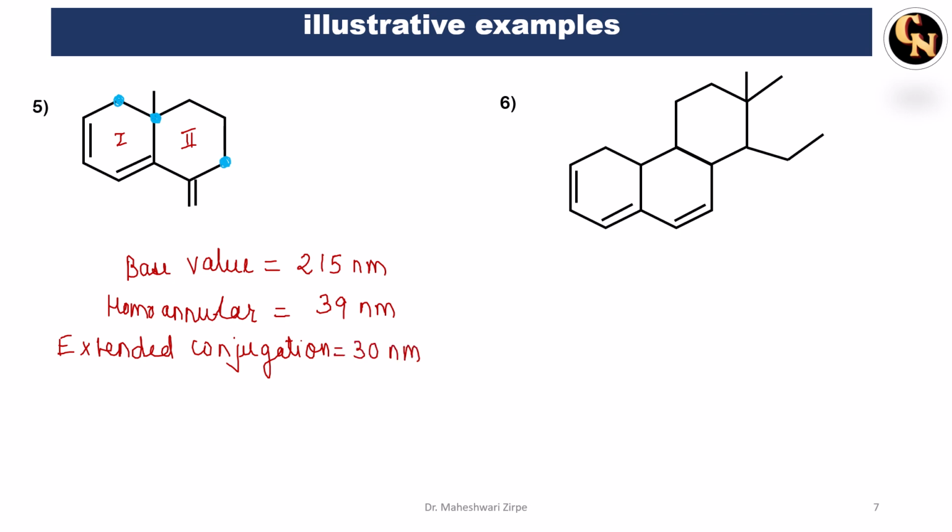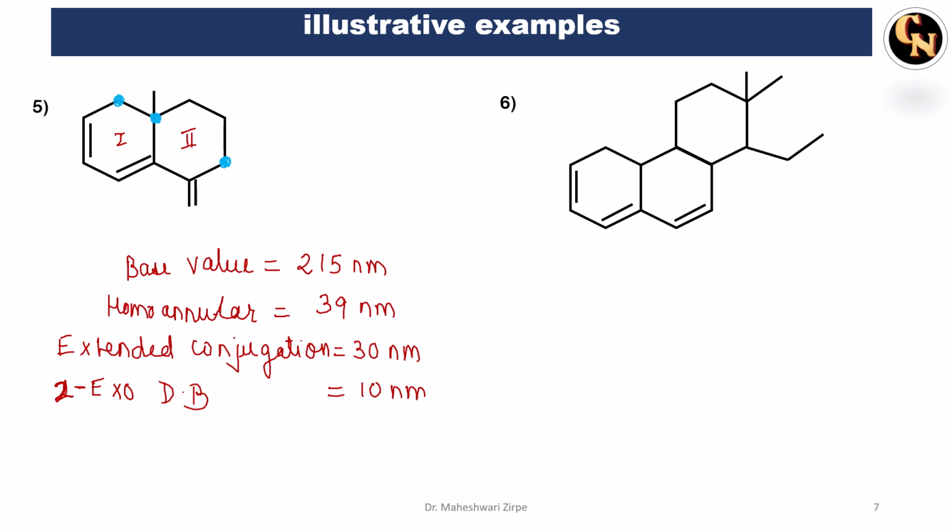The next is, there is exo double bond. For that we add how much? Yes student, is there 1 or 2? There are 2 actually. If you see, here for ring number 2 this is exo, and this is also exo. Okay, this bond is also exo to ring number 2. So there are 2 exo double bonds. So 2 into 5 is 10 nanometers. 10 nanometers we will be adding. And how many substituents are there?